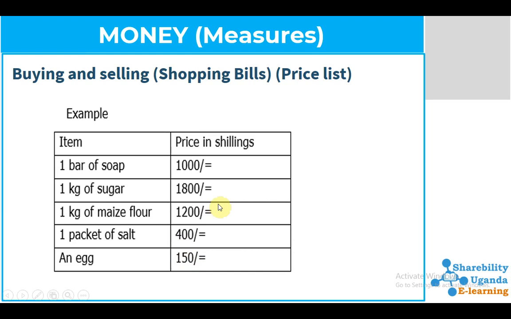After reading and understanding this, you now know 1 bar of soap according to the table is 1,000. 1 kilogram of sugar according to the table is 1,800. An egg according to the table is 150.